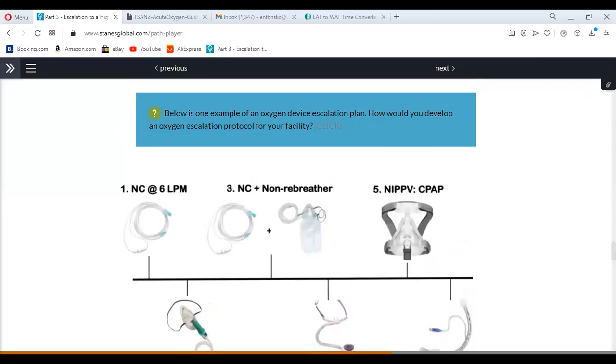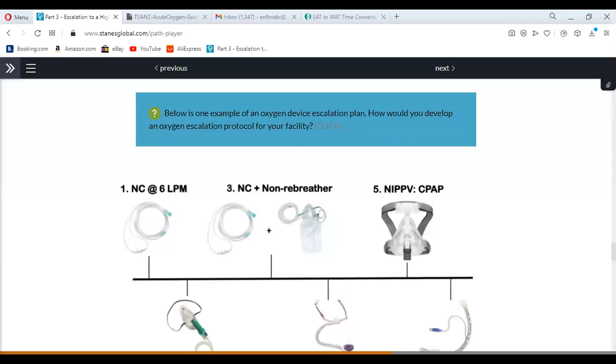Okay, it says below is an example of an oxygen device escalation plan. How will you develop an oxygen escalation protocol for your facility? But rather, before we move into developing an oxygen protocol for our facility, let's look at this particular patient who has been on nasal cannula at 4 liters per minute.